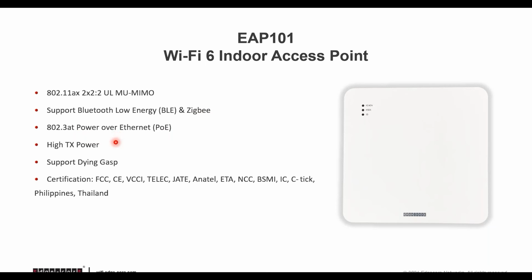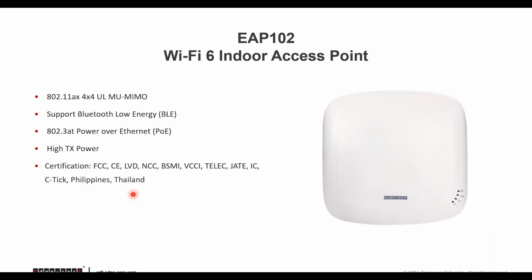It is a high power design. Besides, we provide a dying gasp, so we can detect whether the device can still work or not, whether it is a power issue or a socket issue. We have applied a lot of certifications, FCC, VCCI, and also some APAC regions.